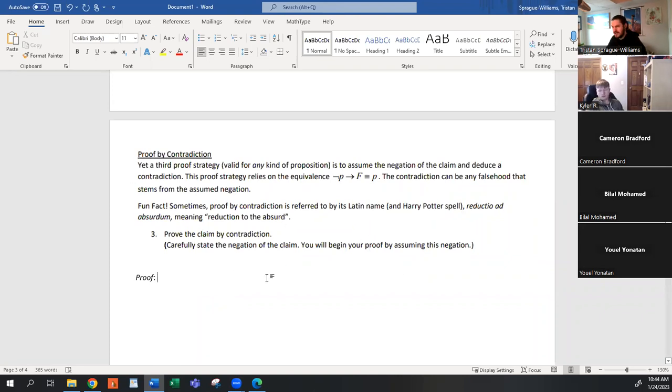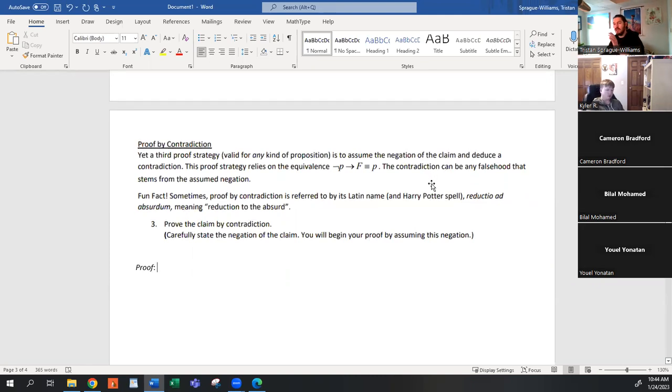Proof by contradiction is a more general strategy here that is not just for implication statements, proving if P then Q. A lot of the claims we'll be proving in this class are in that form, P implies Q, but not all of them. Some of them are just going to be like, there exists something. Some of them aren't phrased with an if-then.